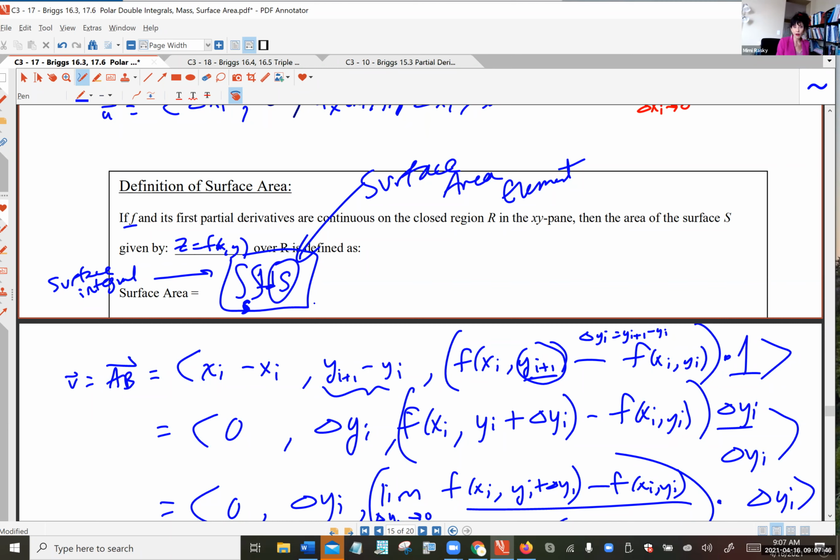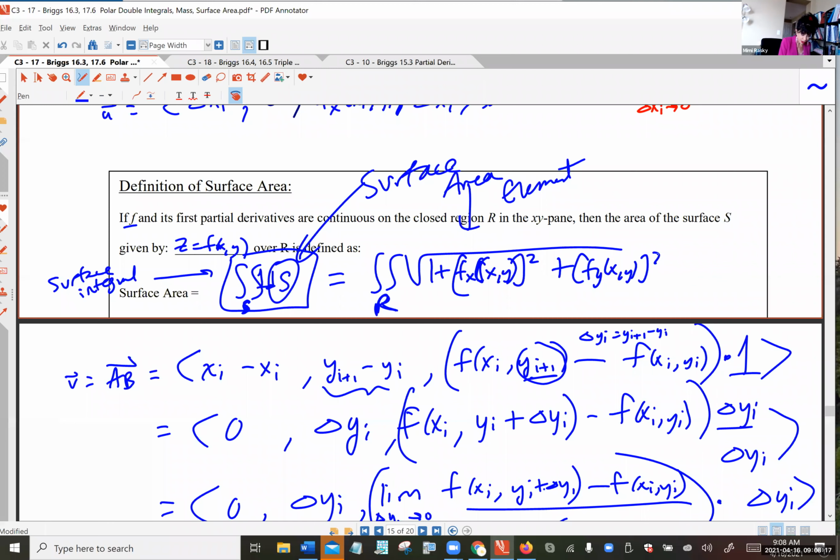What do you mean? You need to rewrite it as a regular double integral where you're integrating over a region in the xy plane. So the projection of that surface onto the xy plane is going to give you the R, the region, and the surface area element is this awful looking radical, square root of 1 plus the first partial with respect to x getting squared, plus the first partial with respect to y getting squared, and then dA, the area element.